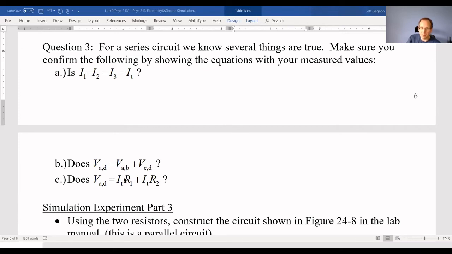That should be the voltage drop across the first resistor, plus the current that goes through R2 times the resistance R2, which should be the voltage drop across the second resistor. And those two should add to the voltage drop across the battery. So you want to make sure that equation is also true. Fill it in with values.